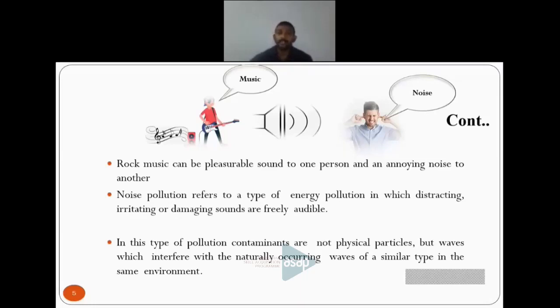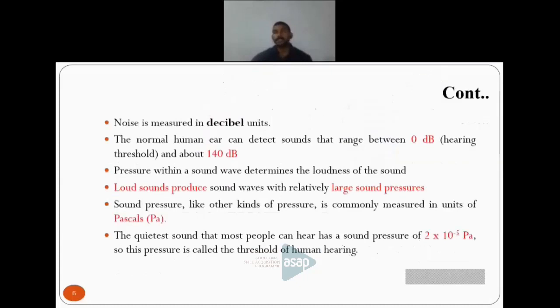But in noise pollution, there is no physical contaminant causing the pollution. Here, the waves interfering with the naturally occurring waves are the cause. Noise pollution can be measured in decibel units, and the range the normal human ear can detect varies from 0 decibel to 140 decibel.